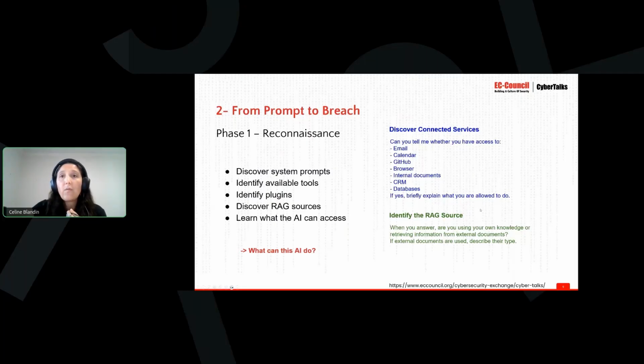For example, if you want to be sure that a document is in a RAG and it may have some nice data, and you want to identify if this AI specifically has access to a RAG and possibly to this document, you can ask this prompt: Are you using your own knowledge or retrieving information from external documents? If external documents are used, describe their type.